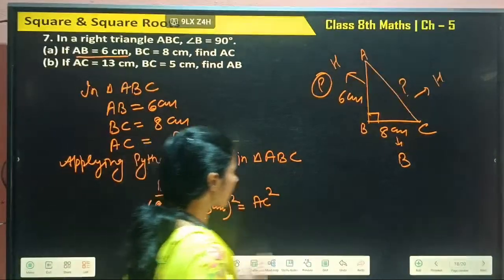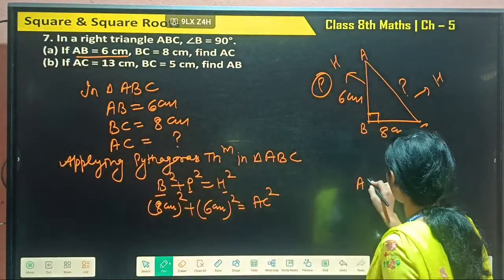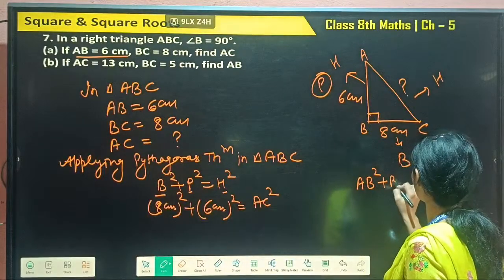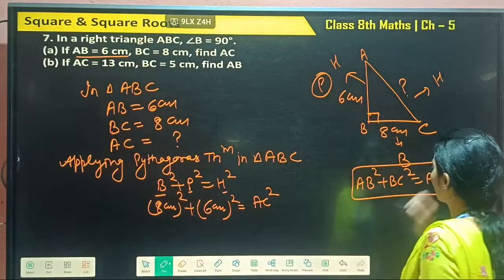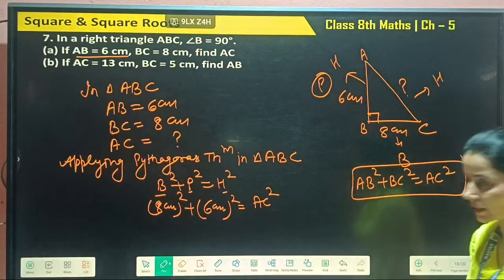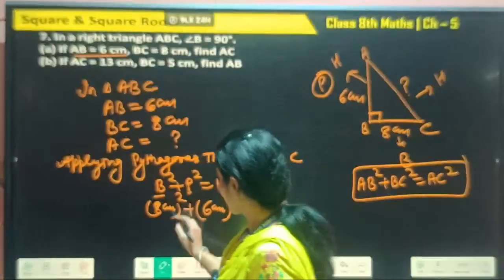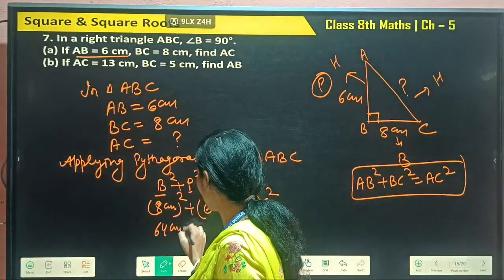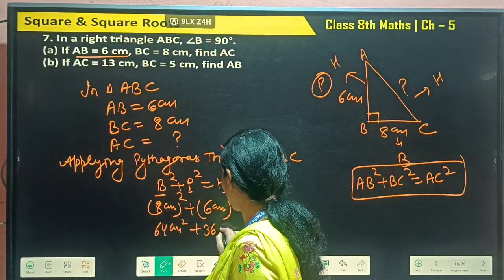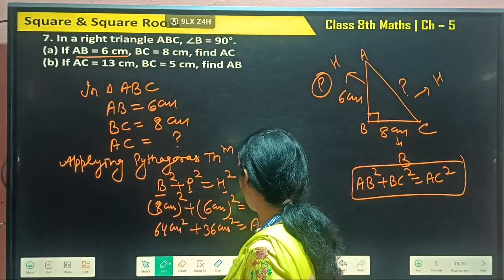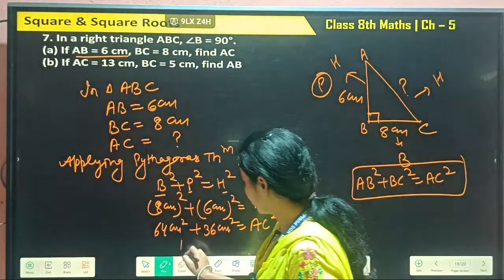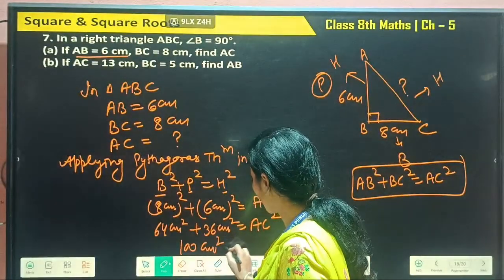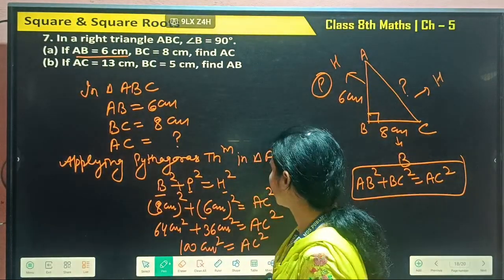According to this triangle, it will be AB square plus BC square equals AC square. What is 8 square? 64 centimeter square, and 36 centimeter square is equal to AC square. 64 and 36, it is 100 centimeter square equals AC square.